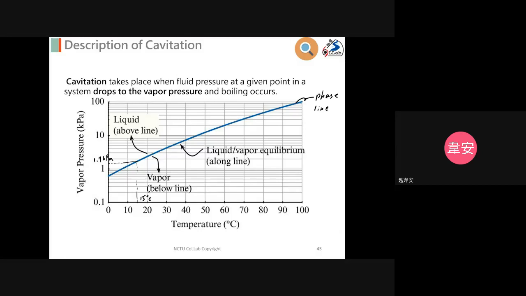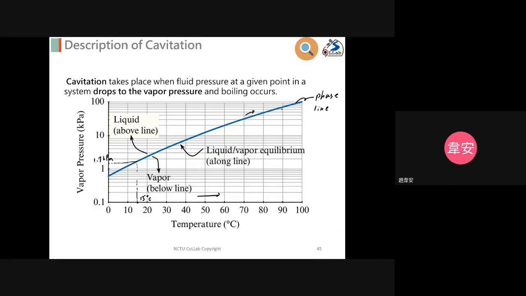That means if you are under a 15 degree environment temperature, the vapor pressure is 1.7 kPa. If your environment pressure is lower than the vapor pressure at a certain temperature, your liquid will convert to vapor.